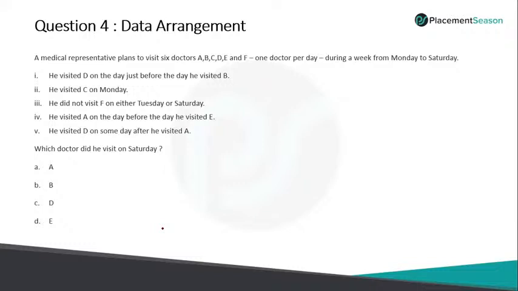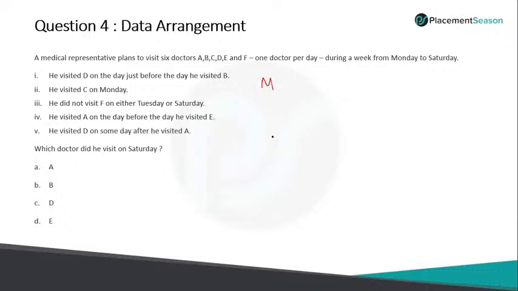Data arrangement. Okay, a medical representative plans to visit 6 doctors A, B, C, D, E, F, 1 doctor per day during a week from Monday to Saturday. So conditions are given. What we will do is write Monday to Saturday, so it will be easy for us to find.